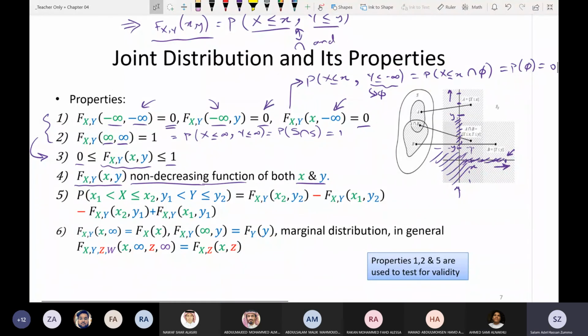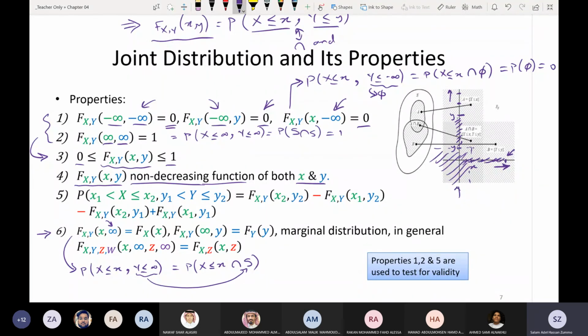Now let me talk about the sixth property, before we go to the fifth. The sixth property states the following. If I put infinity at y, what does this mean? This is equal to the probability that x is less than or equal x and y is less than or equal infinity, which is equal to the probability that x is less than or equal x intersect with S, since y equal infinity means S, the sample space.